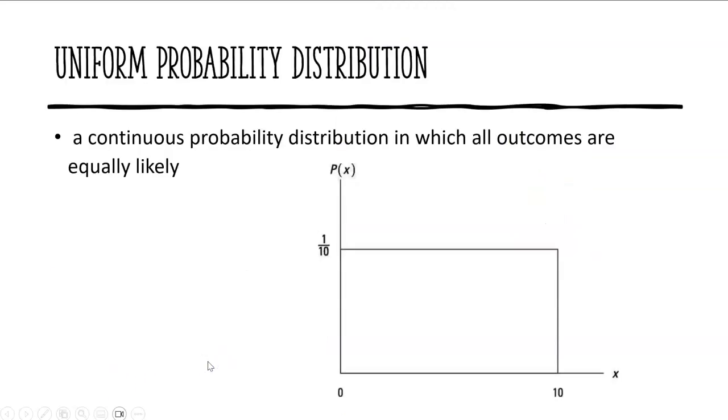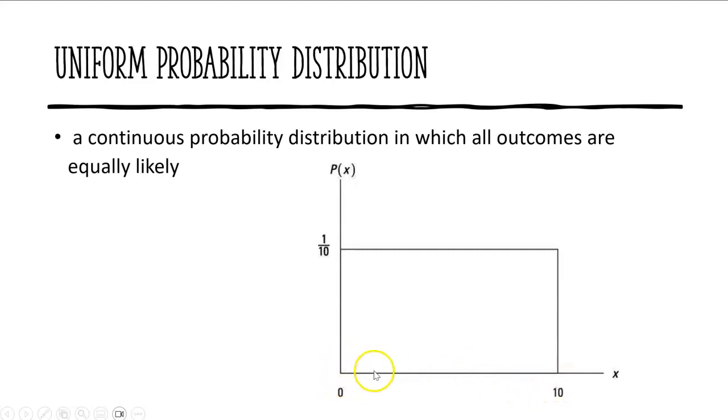And so, what is a uniform probability distribution? This is a type of continuous probability distribution in which all of the outcomes are equally likely, meaning that all of the outcomes have the same probability, okay? This is an example of a model or a graph of a uniform probability distribution. In this case, there are infinitely many outcomes, but it can be between 0 and 10.